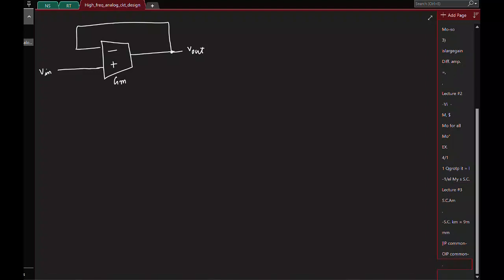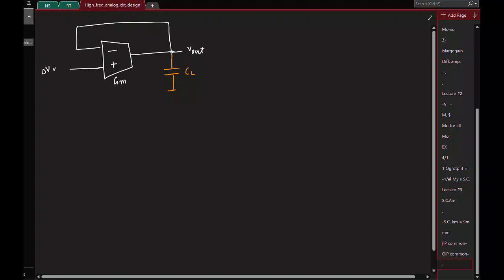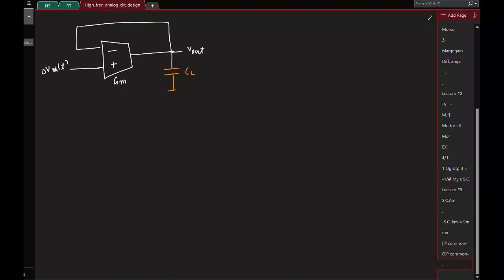As we saw, single stage OTAs are good at driving capacitive load. So first let's only consider an output capacitance CL. Let's say at the input I apply a step of delta V, so it's delta V times U of t.